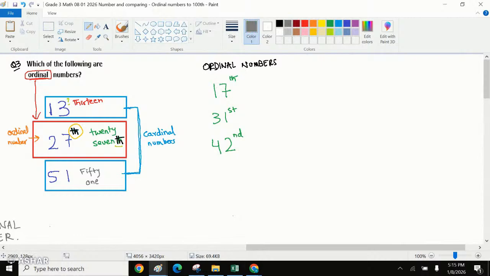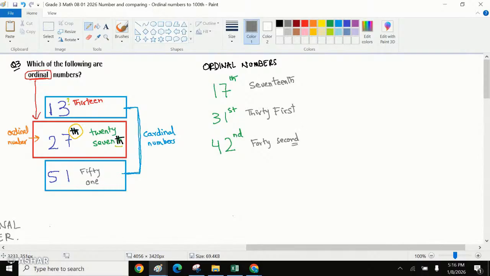So the first number would be known as 17th. The next number would be 31st. And the last number would be 42nd.